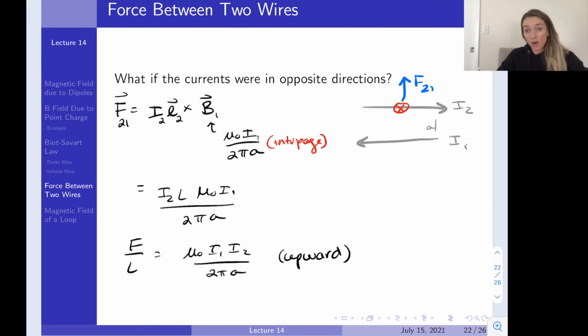So this is a repulsive force. So again, I highly recommend that you try the force on current 1 due to current 2 and check that you get a downward force with the same magnitude because they're repulsive. So the forces are going to be equal in magnitude, again, opposite in direction. So this is a repulsive force.